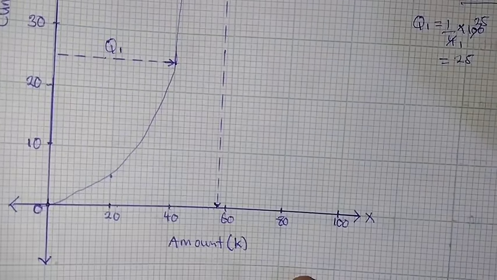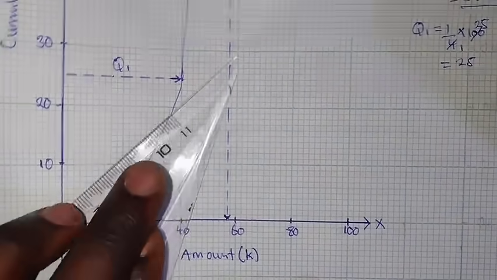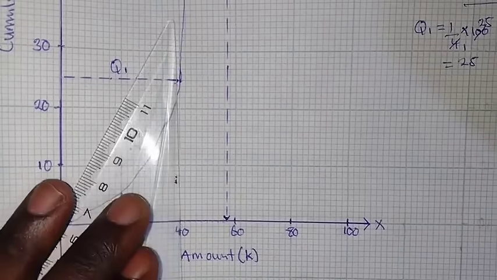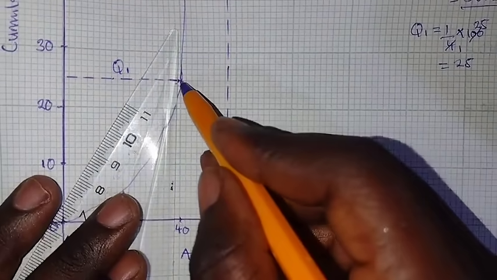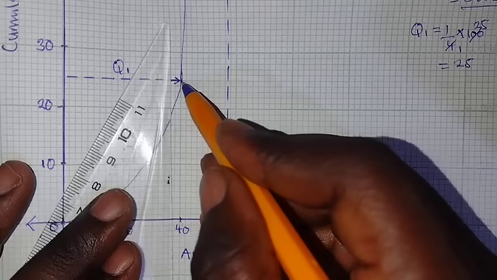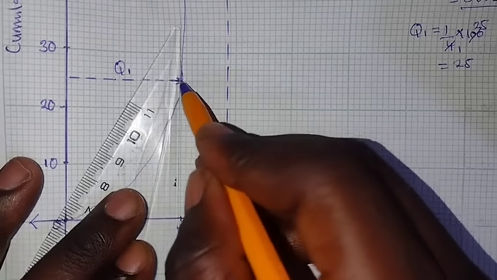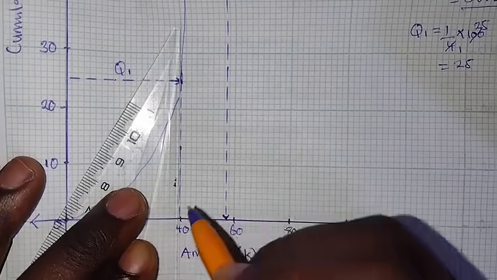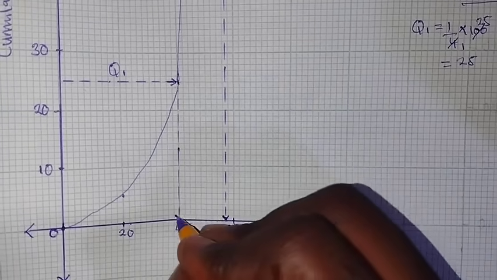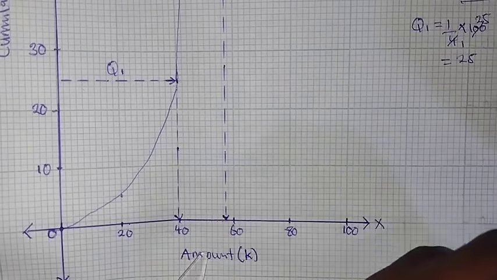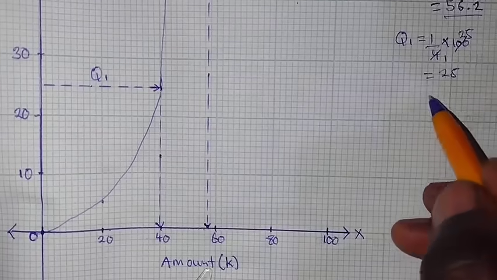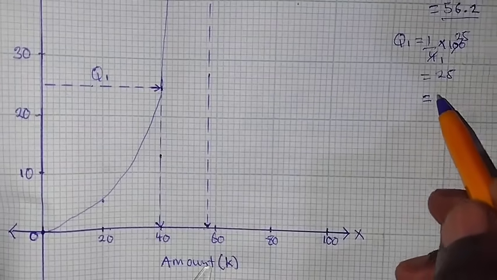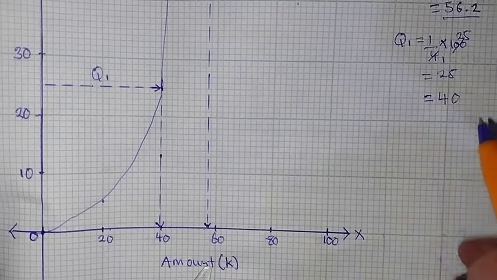You indicate nicely. Then you bring it down to the x-axis and you reach 40. So this means that the lower quartile was 40.